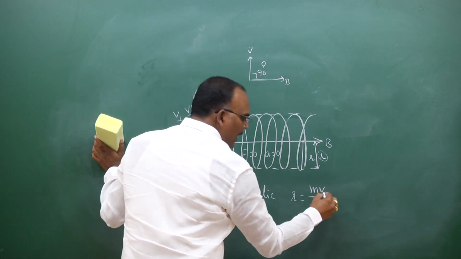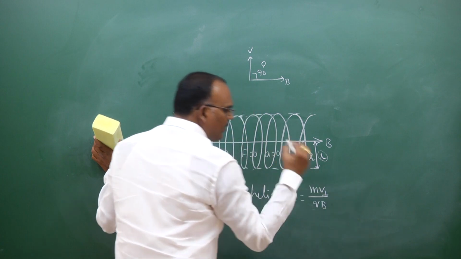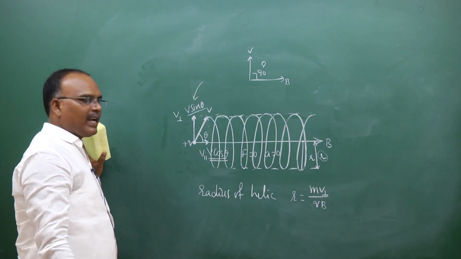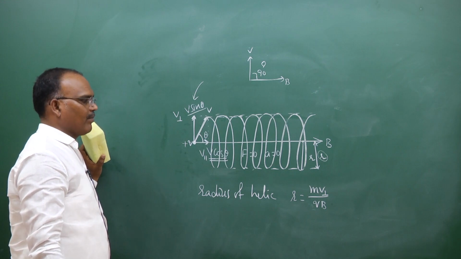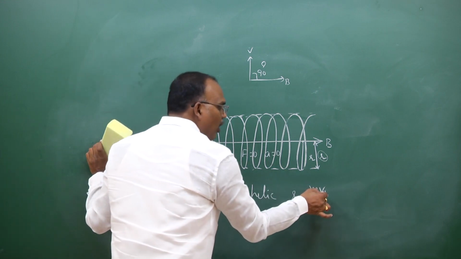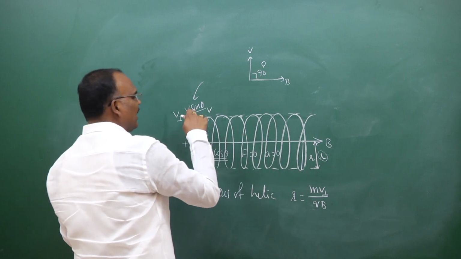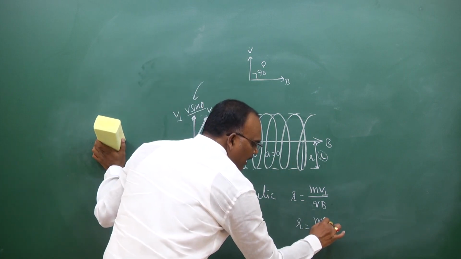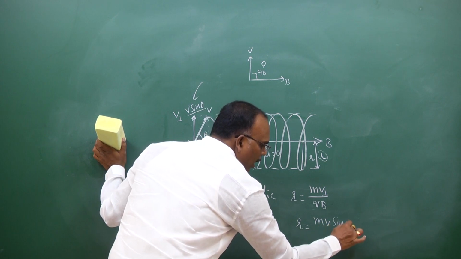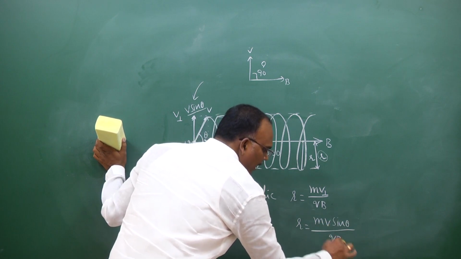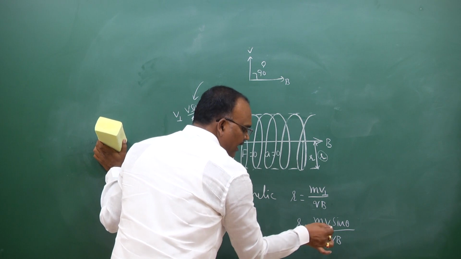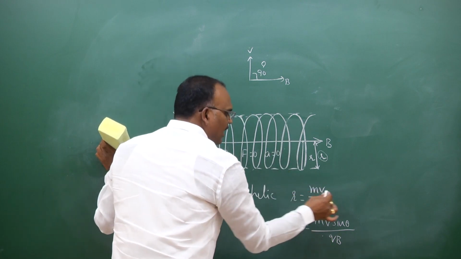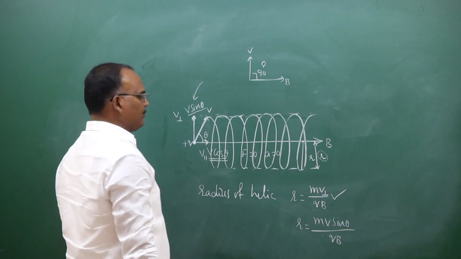So the radius of the helix, which I represent with r, is equal to m v perpendicular divided by qB. In this case the perpendicular component is v sin theta. So the radius of the helix can be written as m v sin theta divided by qB. This expression is not true only for this diagram; it is true for any diagram.